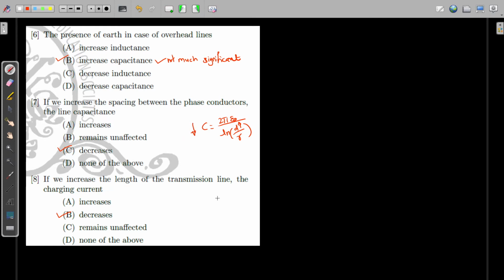If we increase the length of the transmission line, what will happen to the charging current? We know that the capacitance is in the form of shunt. So let us calculate the capacitance value in terms of Y, that is the susceptance.